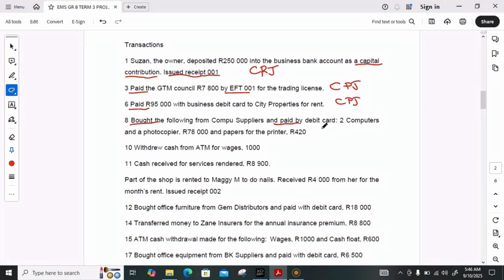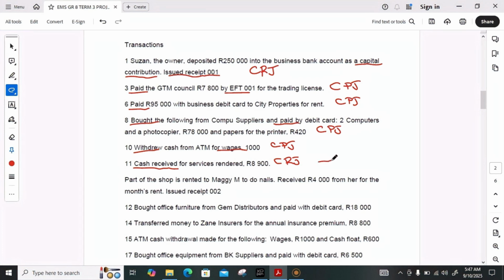This one is CPJ. Withdraw cash from ATM for wages. Okay, so there our keyword is we are paying. Cash received from services rendered, that will be CRJ.